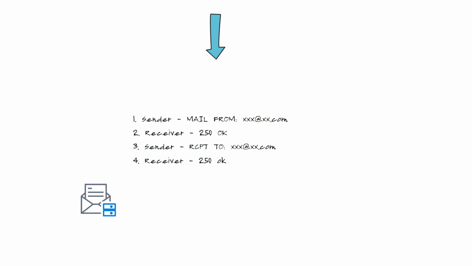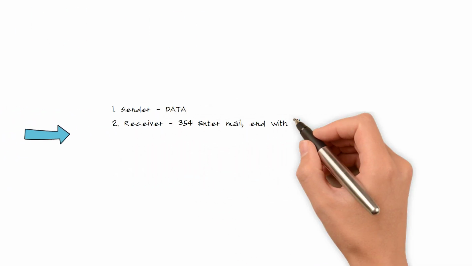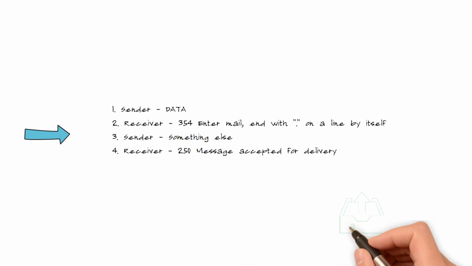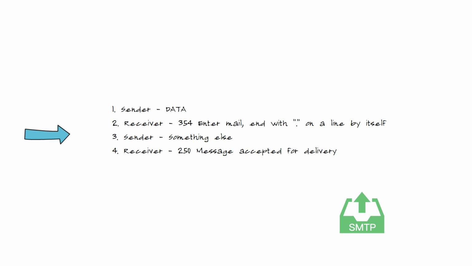The third is the sender issuing RCPT TO xxx@xx.com. The fourth is the receiver also sending back the 250 OK to let the sender know it is prepared well.